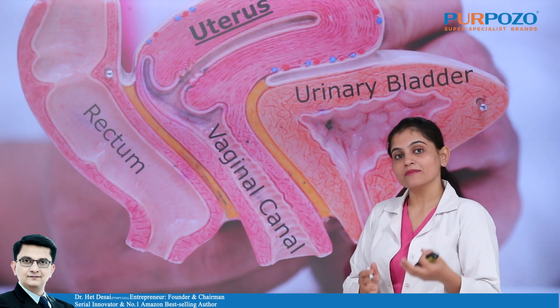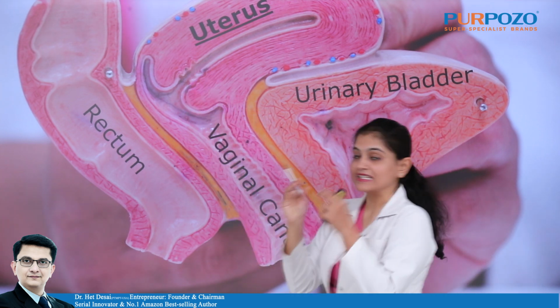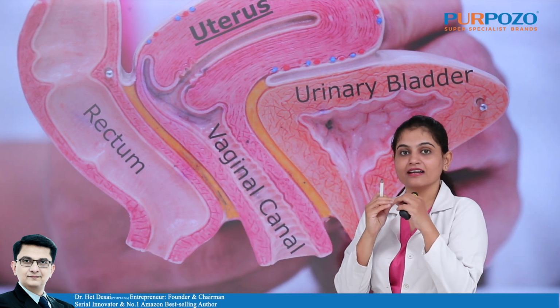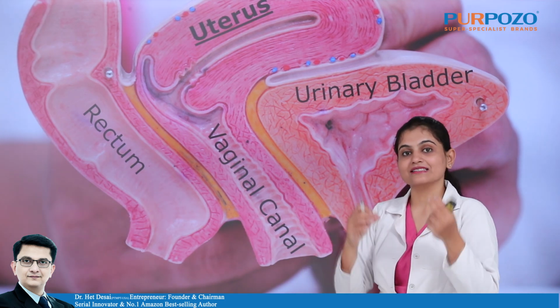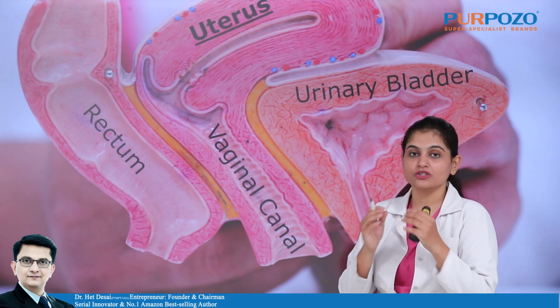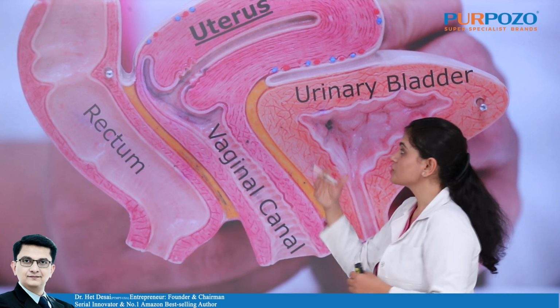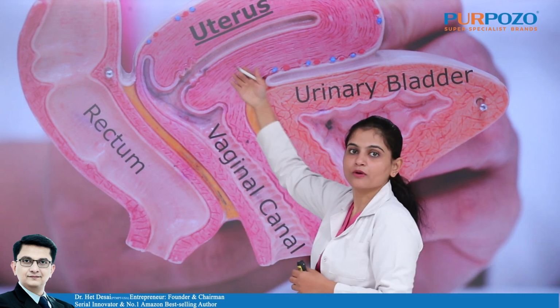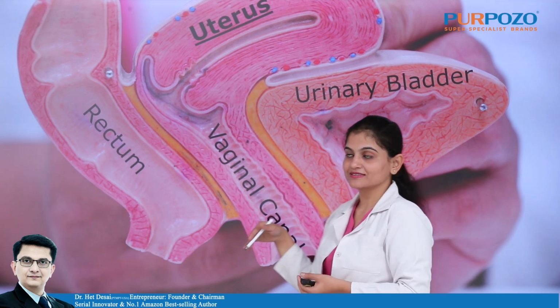During the time of childbirth, this cervix gets thinner and relaxed. That is known as the effacement and dilatation of the cervix. It opens up and becomes thin to initiate and ease the process of vaginal childbirth.